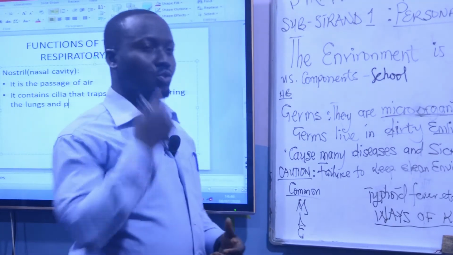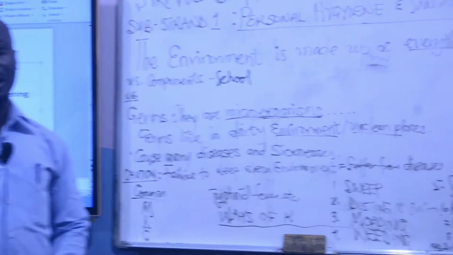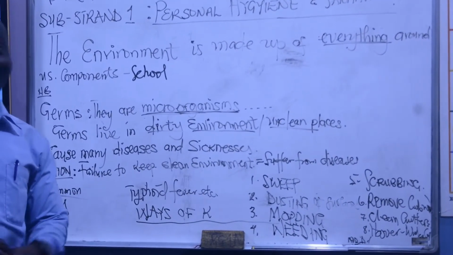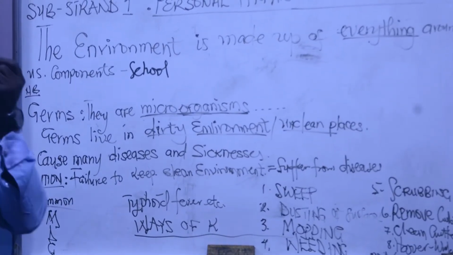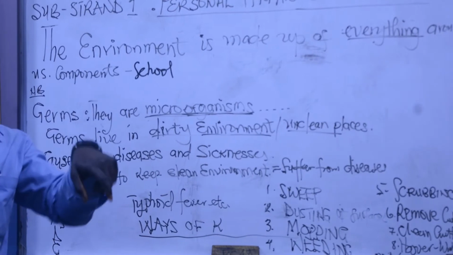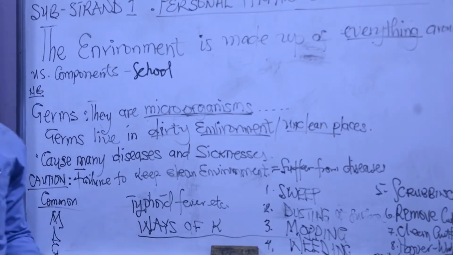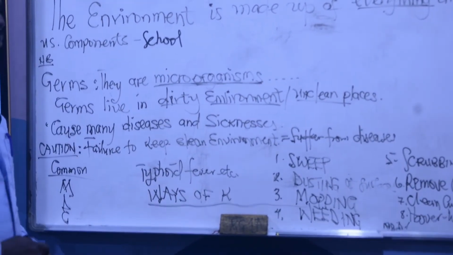Let's see what germs do. Germs live in dirty environments. Any unclean or dirty place is a home for germs. These micro or small organisms live in dirty environments. Imagine your room is dirty. What will happen? You may be living with germs.